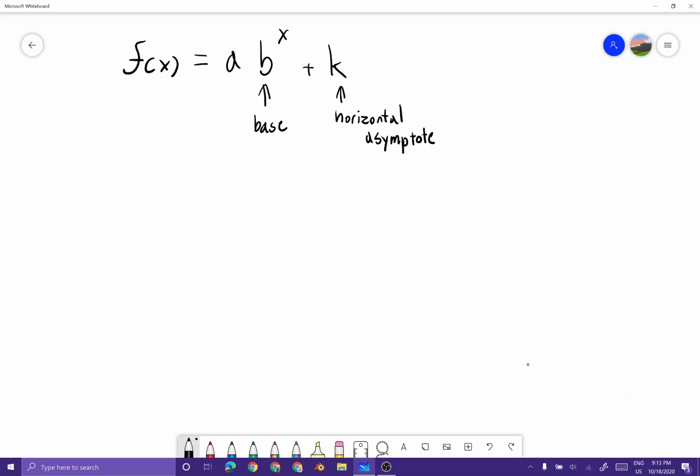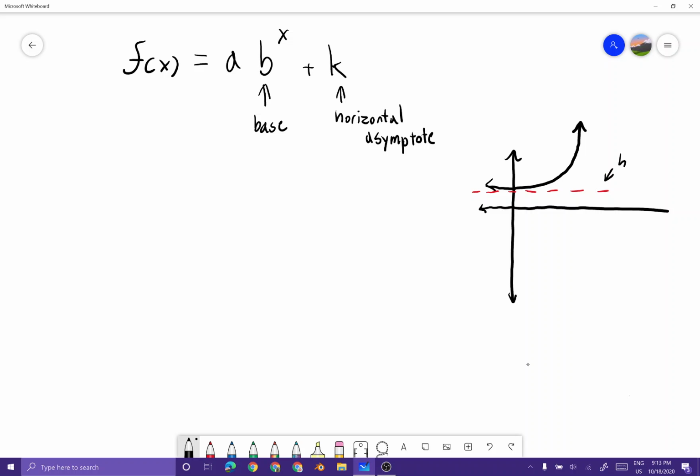So let's draw a graph here. If we have a graph that goes like this, this is the imaginary line that the graph will come close to, but it will never touch.